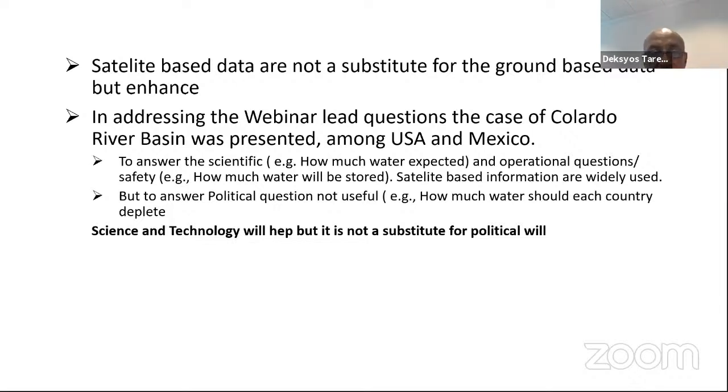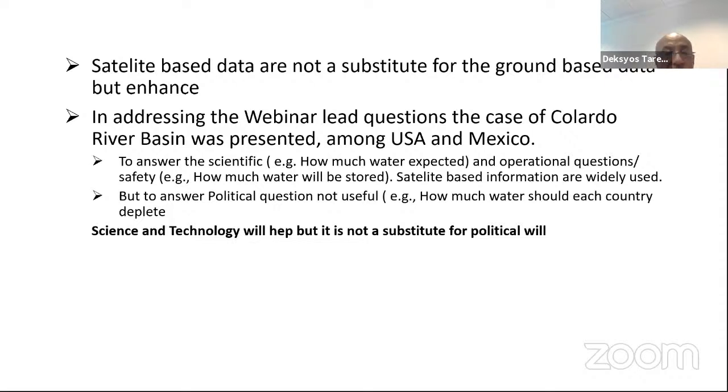Of course, not all questions could be answered from satellite-based information. Scientific questions can be answered, like how much water is expected this season, in a year or so, how much water will be stored, and so on.